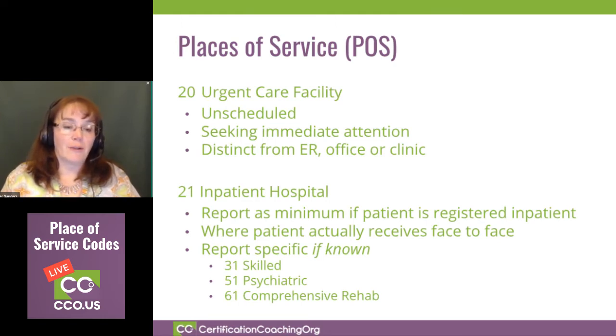If we know they were in the psychiatric inpatient hospital, which is on the 3rd floor instead of the 2nd floor, then people on the 3rd floor are considered psychiatric inpatient. So if we know a specific type of inpatient they are, whether it's skilled or comprehensive or psychiatric, we would use that specific place of service code. But at minimum, we know they're inpatient at the hospital, so we'll bill a 21.